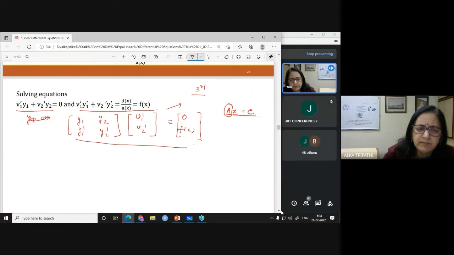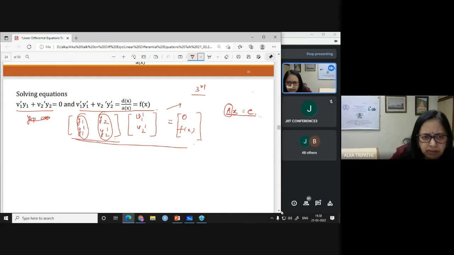Now, since y1 and y2 are independent, these two column vectors, y1 with y1 dash and y2 with y2 dash, are linearly independent. Because of that, the determinant of this one, that is the determinant of y1, y2, y1 dash, y2 dash, is non-zero. We call this the Wronskian, W equal to this one.